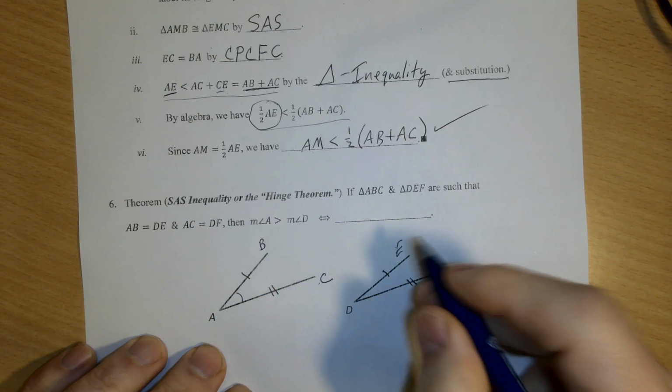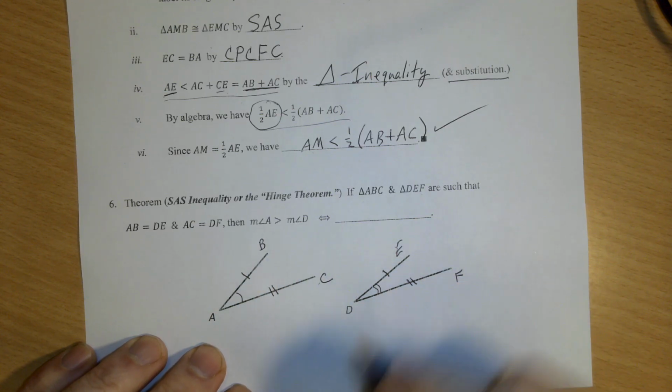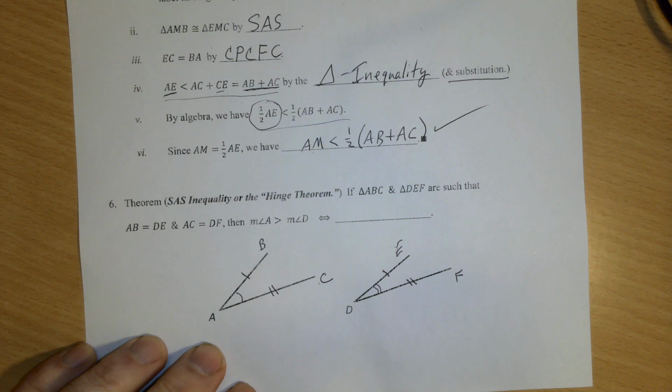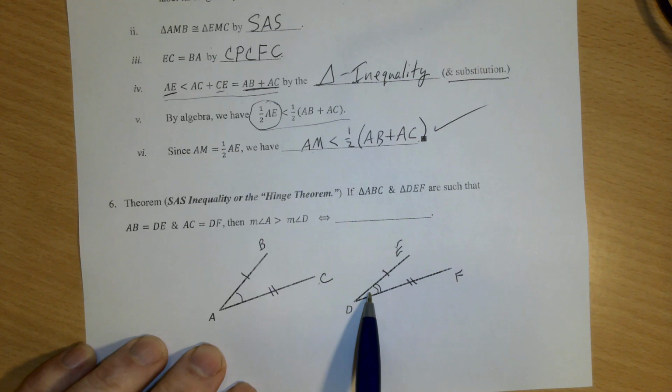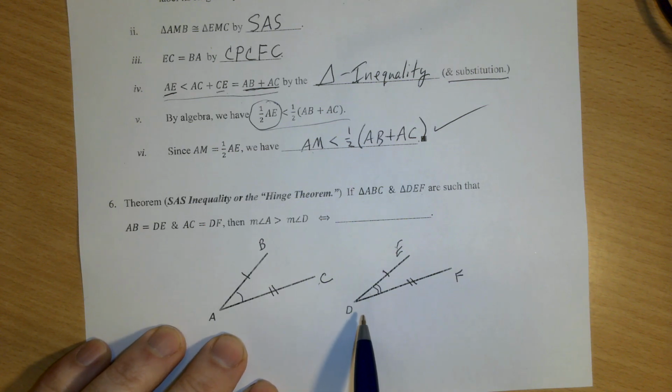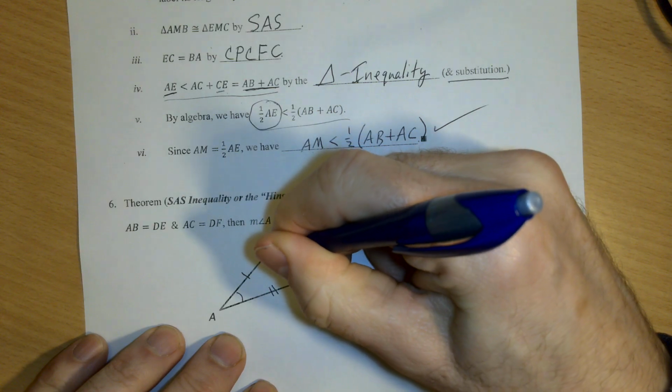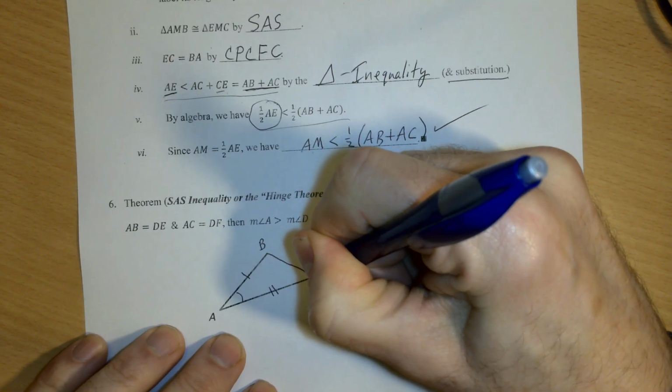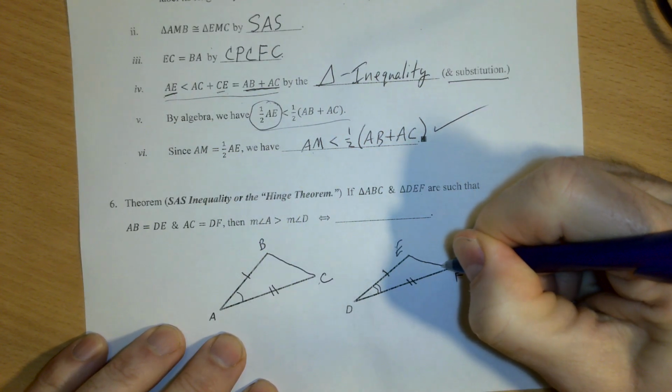is greater than the measure of angle D if and only if what? Well, notice the way I drew it, it is slightly bigger. Measure of angle A is slightly bigger than the measure of angle D. And that's if and only if the opposite line segments are in the same inequality.